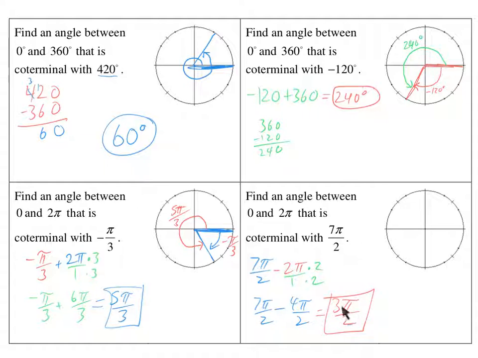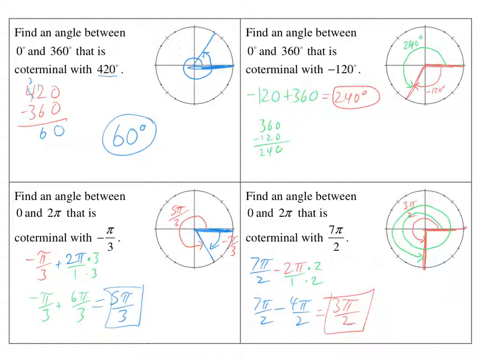So, if I drew 3 pi over 2, if you start here, 3 pi over 2 is around to right there. Is that the same as going all the way around and back to get 7 pi over 2?